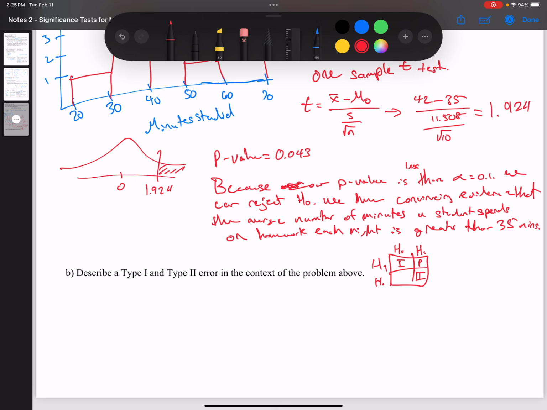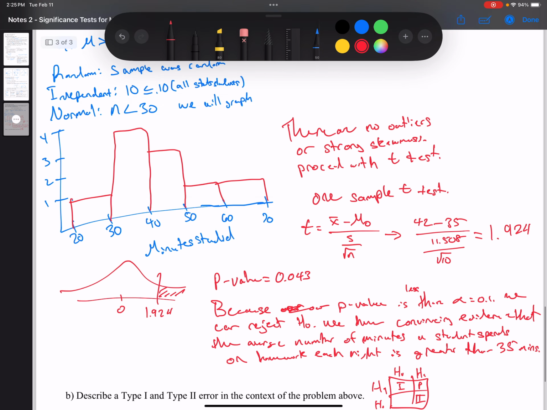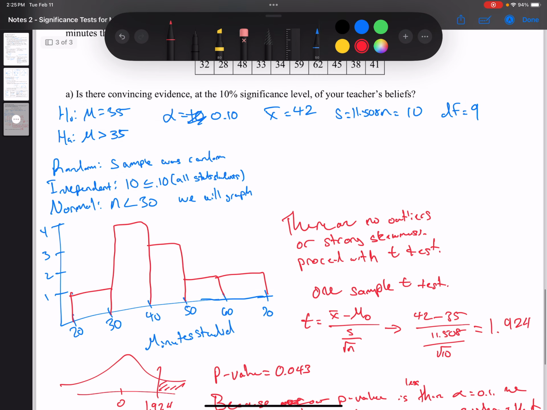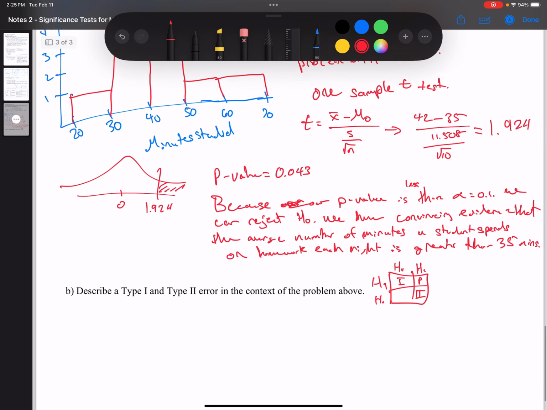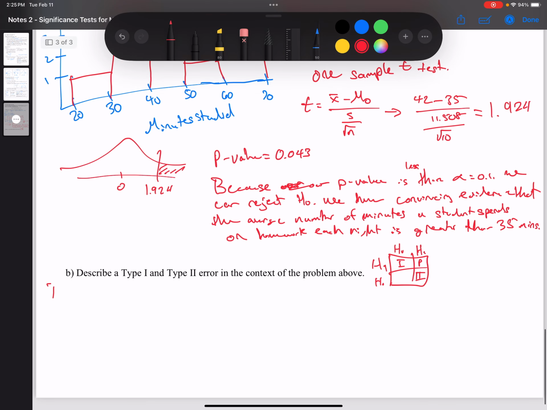Type 1 means we are going to reject the null when we shouldn't, which means we're going to think kids are spending more than 35 minutes when they're not, when they're spending an average of 35 minutes. So type 1, in other words, we are rejecting the null incorrectly.